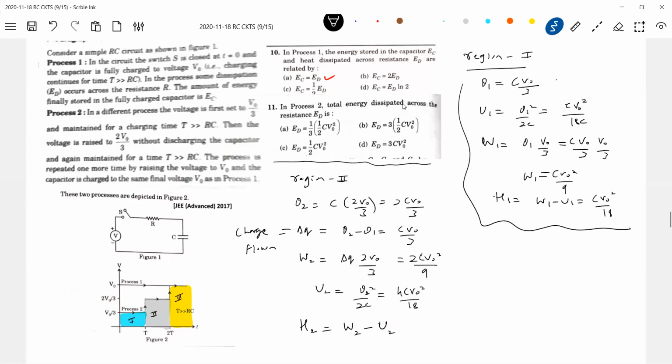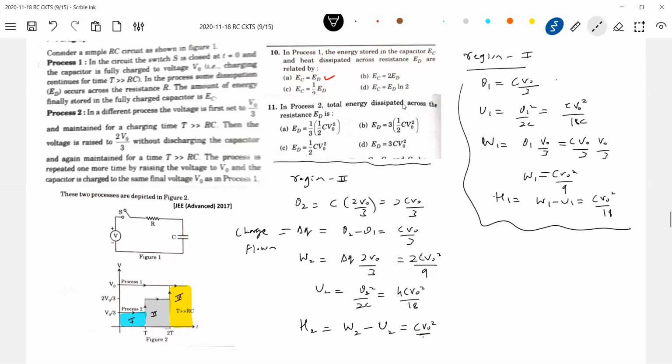Will you agree with this equation? W2 minus U2, if anybody gets a value? Zero. Zero, sir. Zero you're getting, huh?